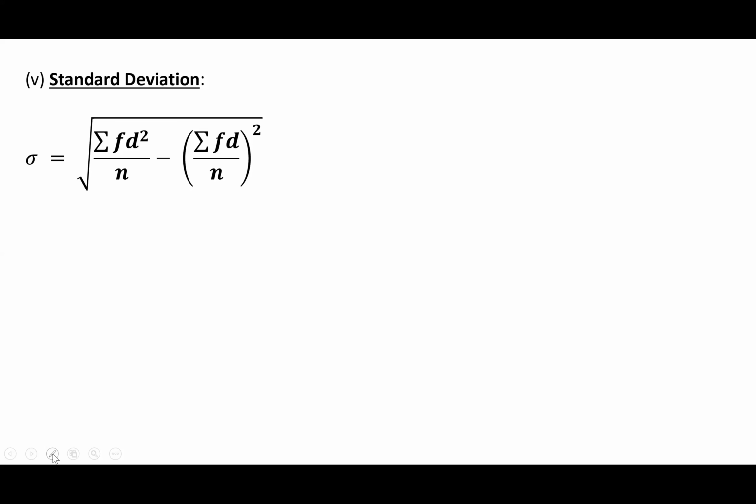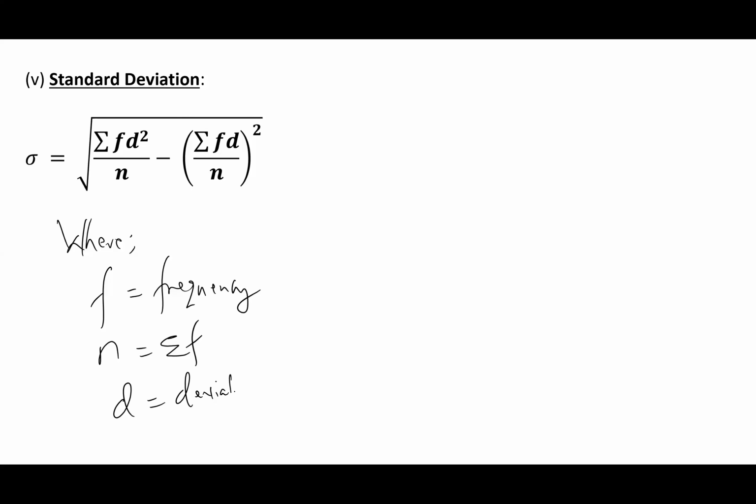Where F is the frequency, N is the summation of F, total observations, D is the deviation from the mean, which is that. So just take a screenshot or write it quickly in your books there.